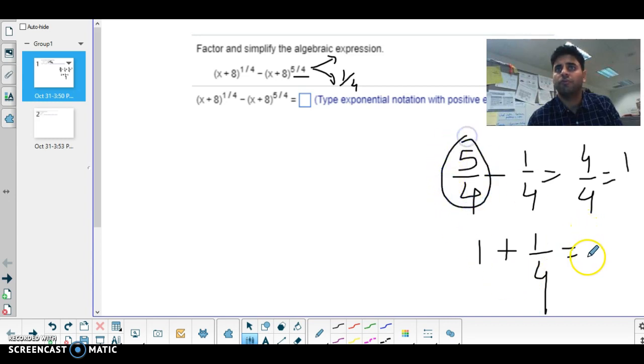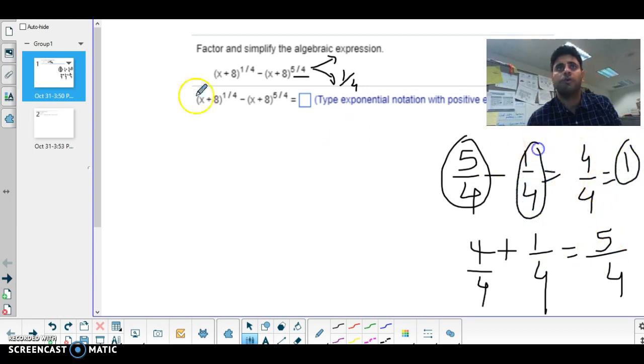That should come equal to 5 by 4, right? So let's make this 4 by 4. I multiplied 4 on top and bottom. So this is 4, and 4 plus 1 is 5. That means I got my perfect proportion. I got 1 and I got 1 by 4.